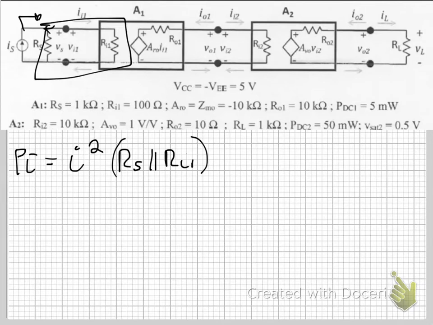So using that, you've got an input power of 45.46 microwatts, right?